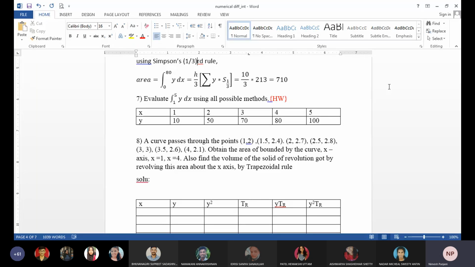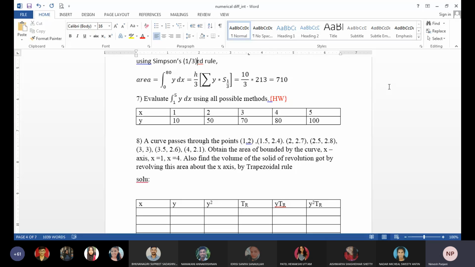Okay. So sum number 8 में what you have understood? Tell me. What are the things you are supposed to find? क्या क्या फाइंड करना है?